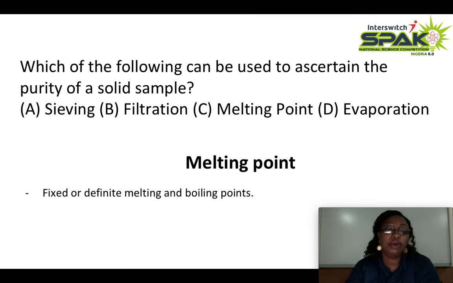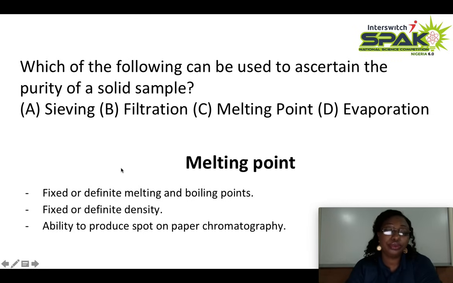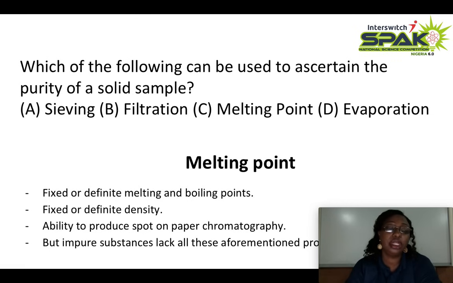Not only melting point can be used, we have fixed or definite boiling point. Boiling point too can be used. We have density. Density can also be used. The ability to produce spots on paper chromatography too can be used.